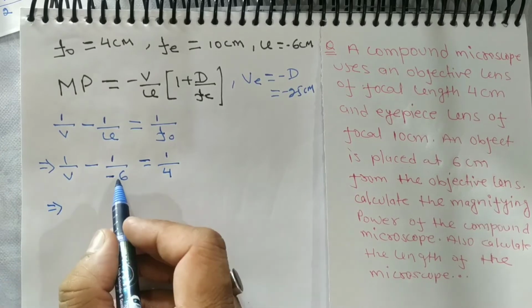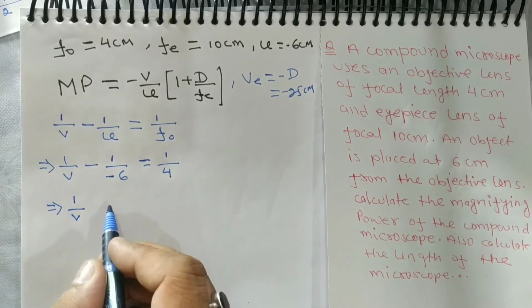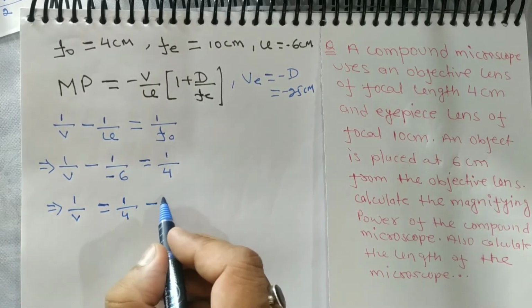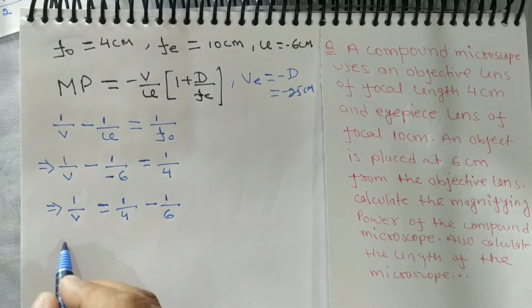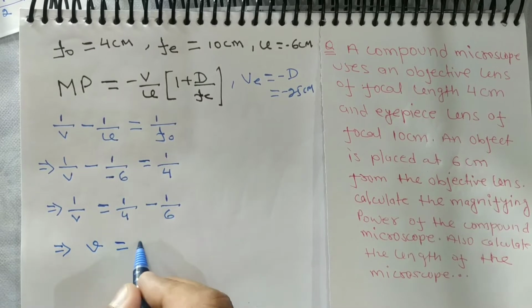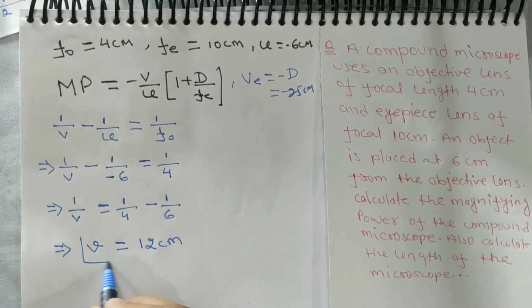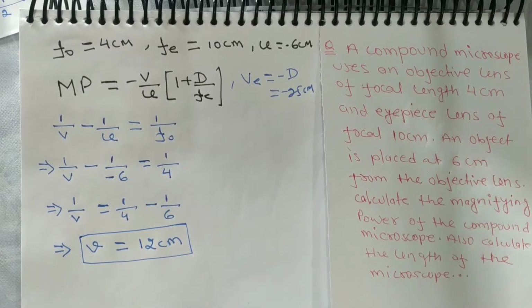Now this minus minus becomes plus. When it goes to right hand side, it will be 1 upon 4 minus 1 upon 6. On calculating, we will get v equal to 12 centimeter.